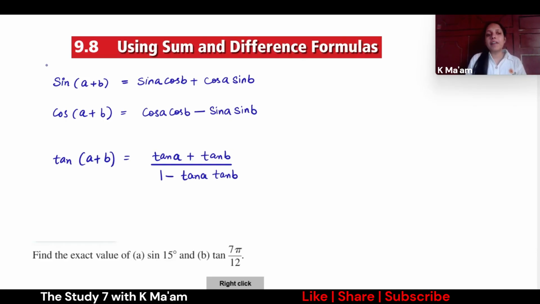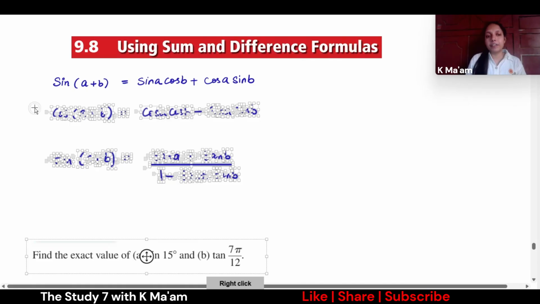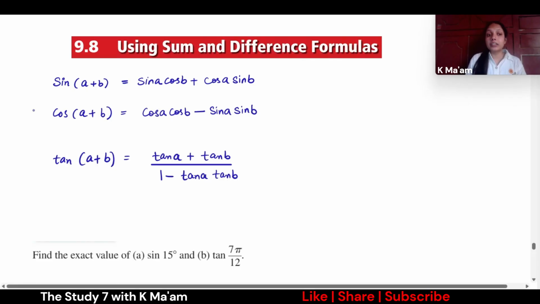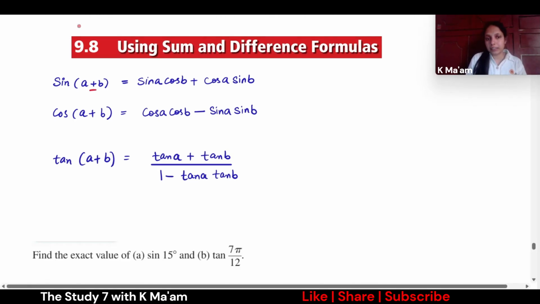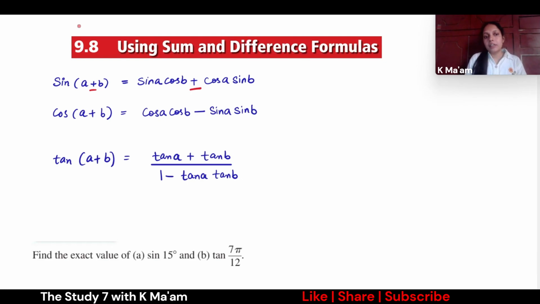If we have to write the formulas for the difference, the same formulas change the signs. If it is a plus, you have to use plus. If it is sine A minus B, choose minus. For cos A plus B, I have to choose minus, but if it is a minus, you have to choose plus. Tan of A plus B, if it is a plus, these formulas will be used.